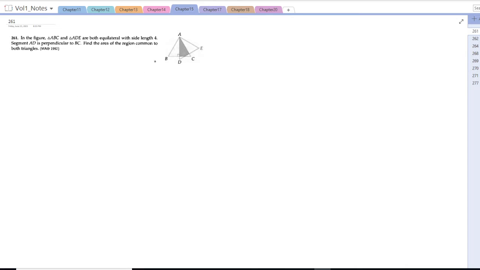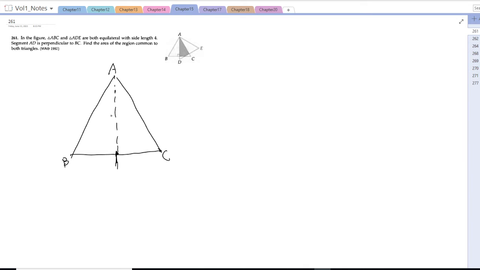So we have triangles ABC and ADE, which are both equilateral triangles. You can see D is the midpoint.